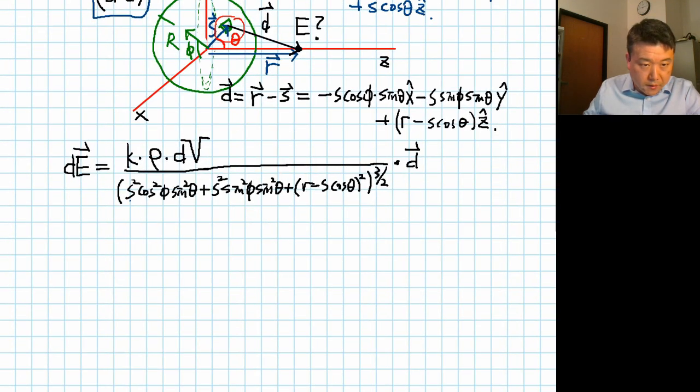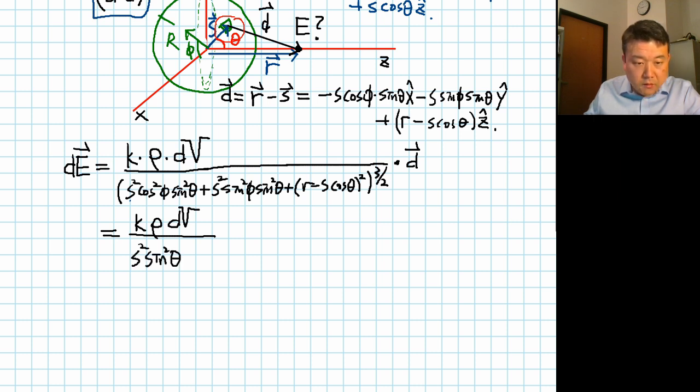So simplifying what I have here: k rho dV over s squared sine squared theta. This is the result of combining x and y components, plus the z component is still there, r minus s cosine theta raised to the power of 2, the whole thing raised to the power of 3/2. Now I think I have room for D, so let's write it down.